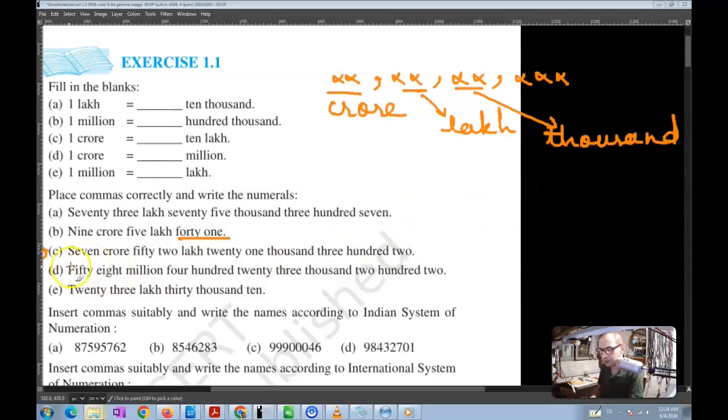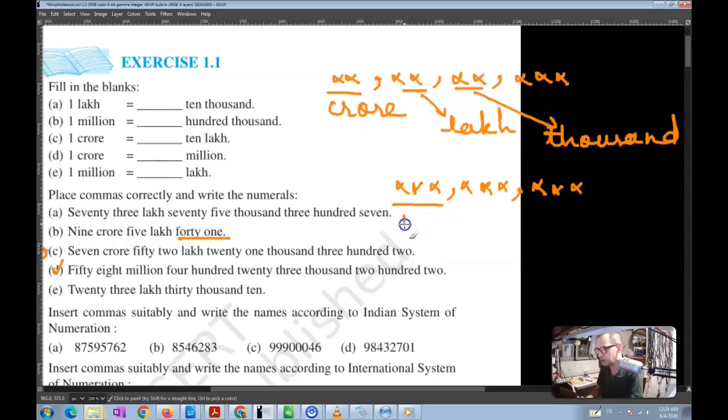The next number that we have is part D, which is 58,423,202. So 58 million. In the English system, essentially you have 3 digits, another 3 digits, and then another 3 digits.